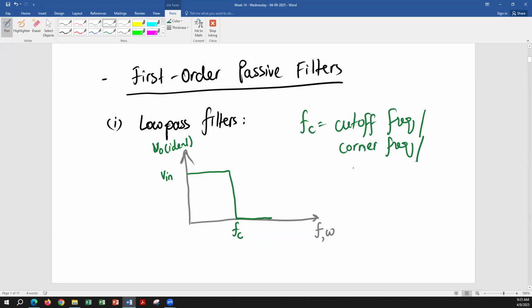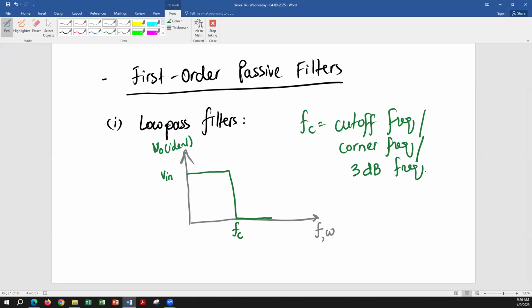It is also called 3 dB frequency. So all the names are for the same frequency. And in general, the concept of cutoff frequency is the frequency up to which your filter is going to let the input signal go to the output. That's the cutoff frequency. Now, mathematically, we're going to see what is the definition of cutoff frequency.